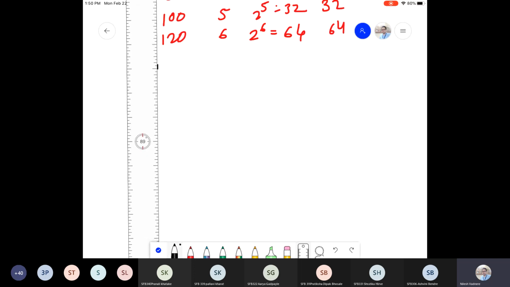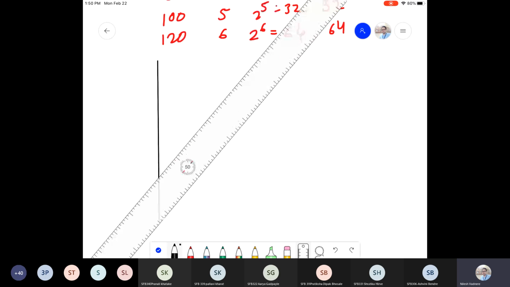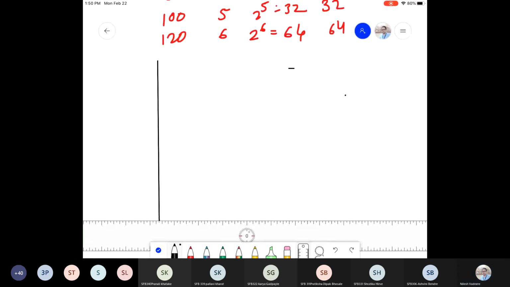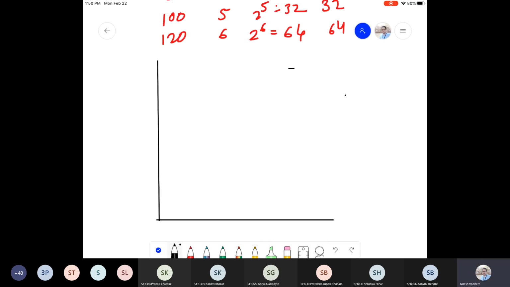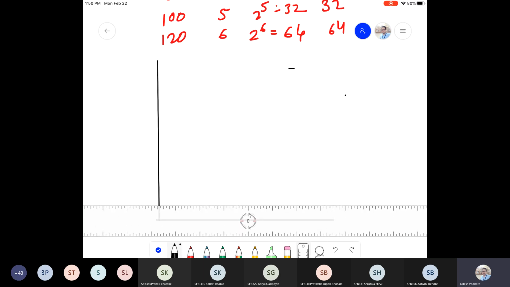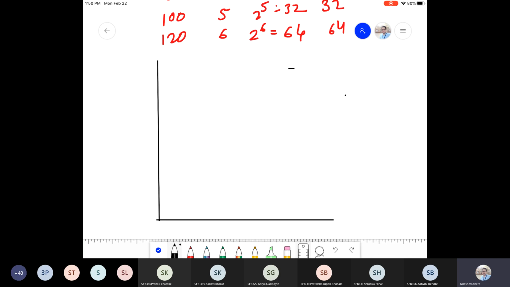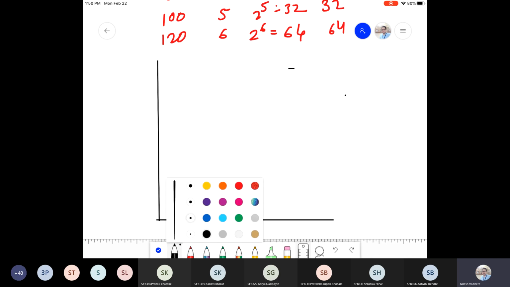So if you plot a graph of incubation time versus the number of cells, you will get, as for these 6 points that we have taken, on the x-axis the incubation time in minutes.